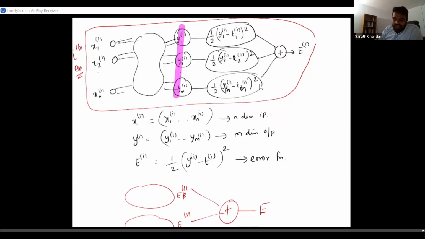Then for each unit, you compute the error function, and then you add them to get the final E. So now this network takes an input X, it produces the output Y, and then it computes the error, and it is just giving you the final error E, right?